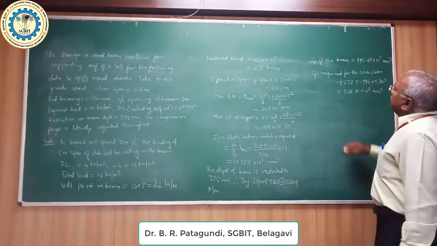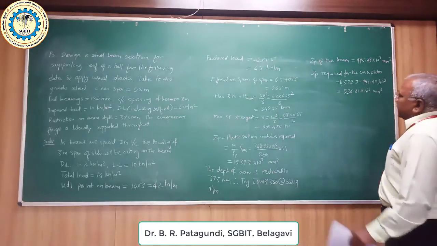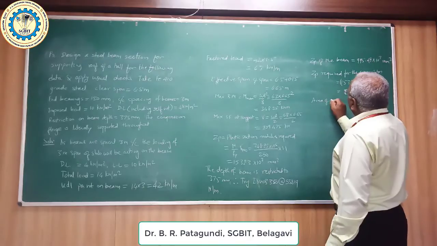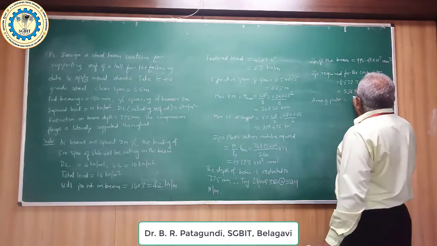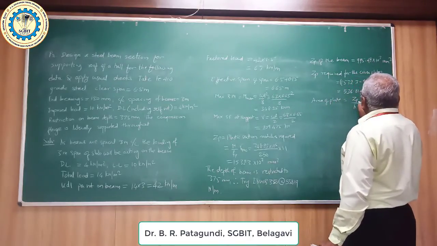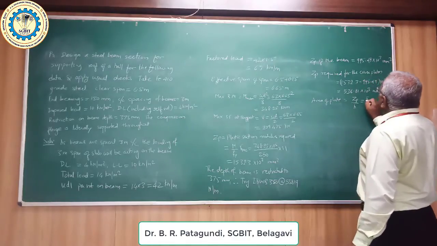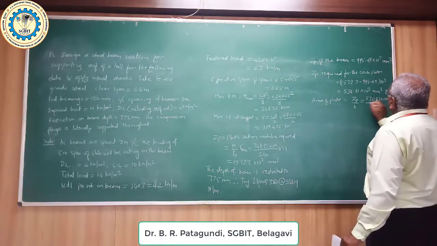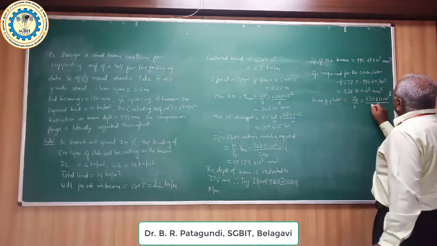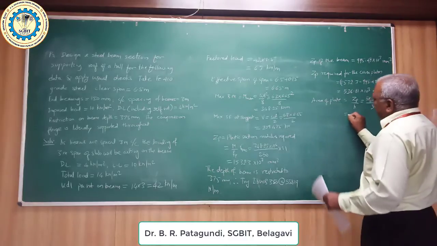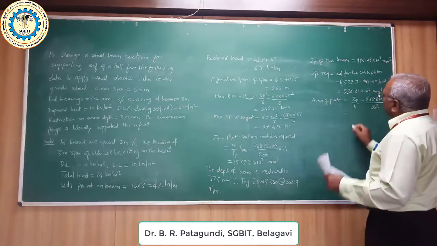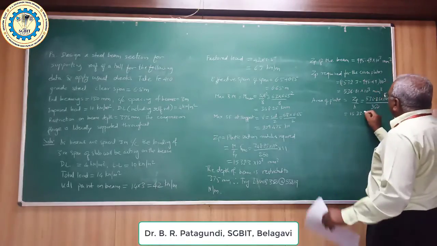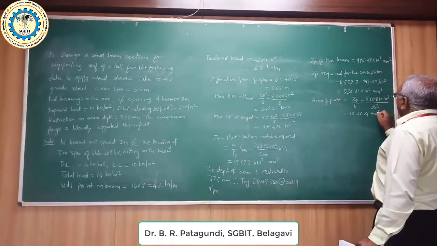Now, this is the ZP required for the plates. Then area of the cover plate is given by ZP divided by H. So 536.81 into 10 power 3 divided by H, that is the depth of the section, 350. Hence, area of the plate required will be 1533.74 millimeter square.